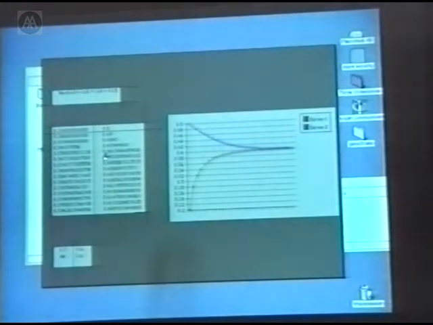Being a mathematician... by the way, how many people understand the concept of a complex number? One, two. We have two who understand this. Great. A complex number is a number that has a real and imaginary part, and that's as difficult as I'm going to get at this point.